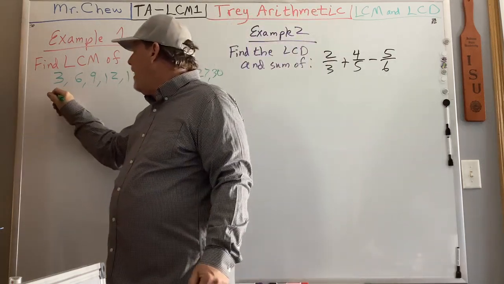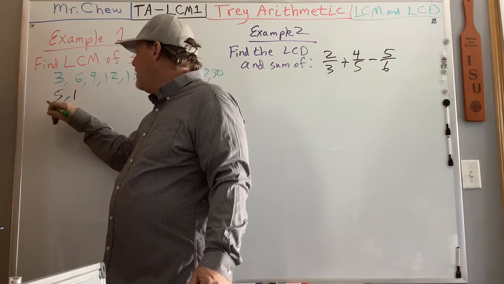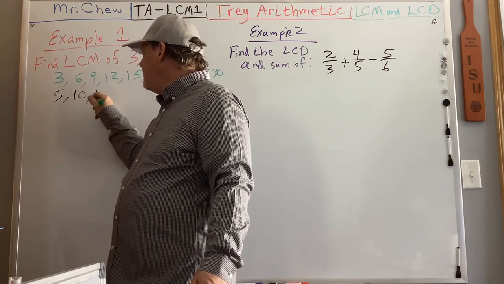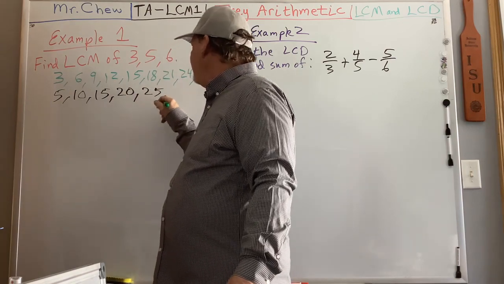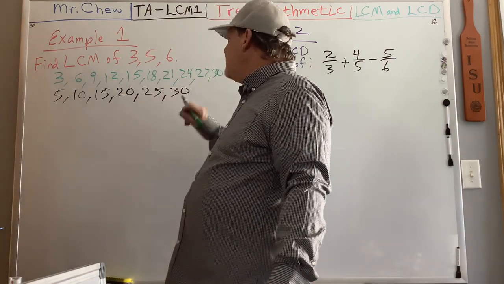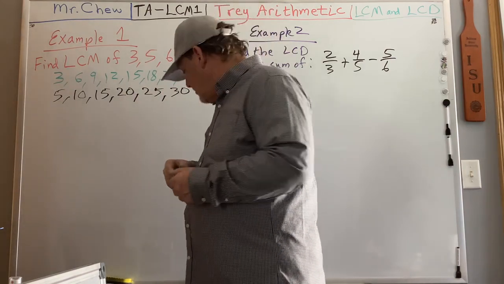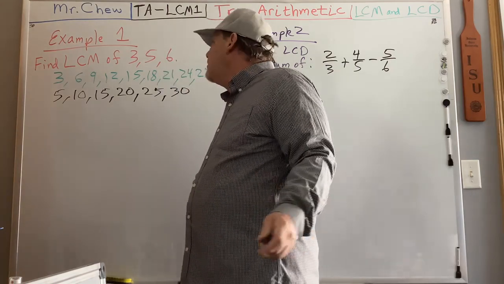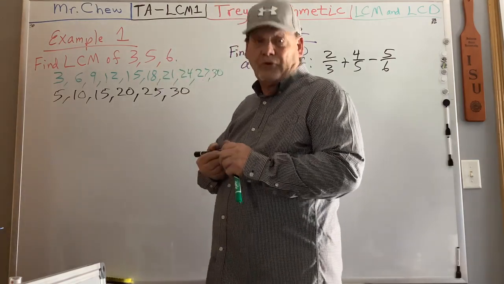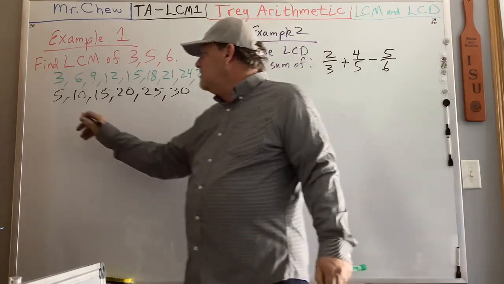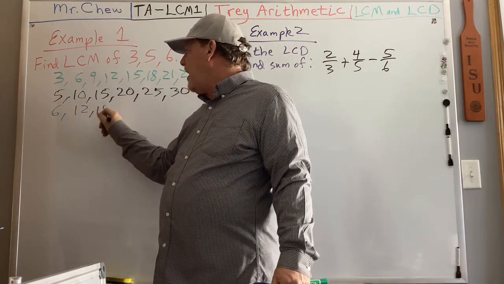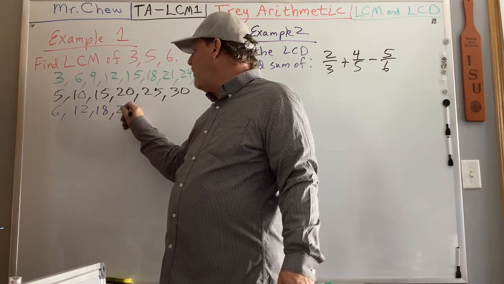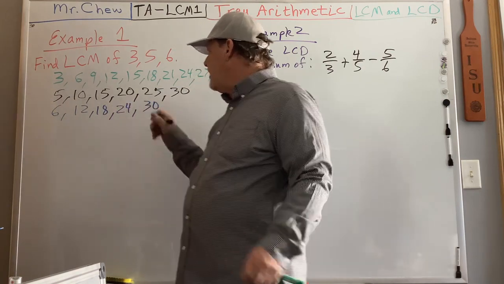So, 5 times 1 is 5, 5 times 2 is 10, 15, 20, 25. It's a good thing I went to that 30, because it looks like it's going to be 30, but we're not going to know that until we expand our multiples of 6. So 6 times 1 is 6, 6 times 2 is 12, 18, 24, 30, there it is.